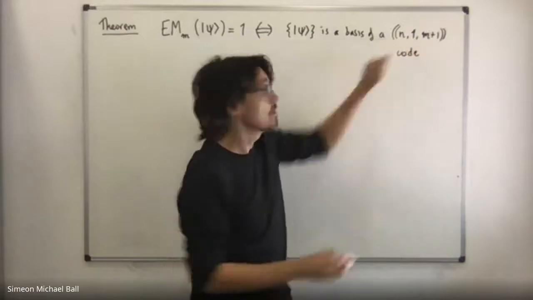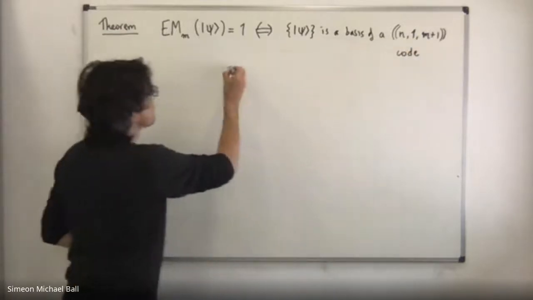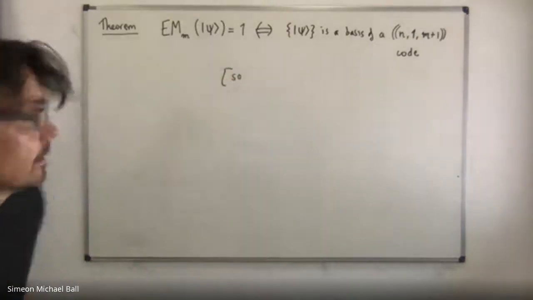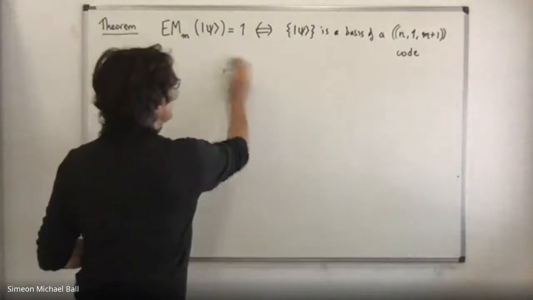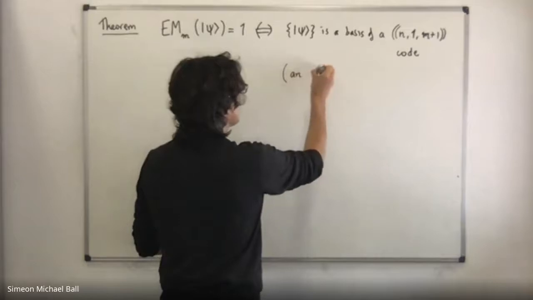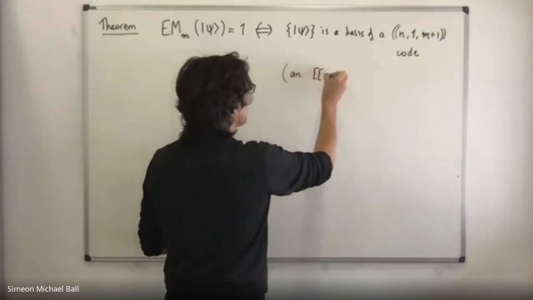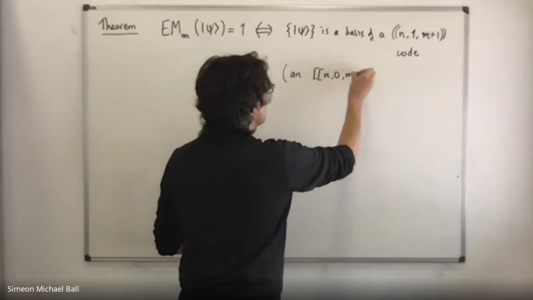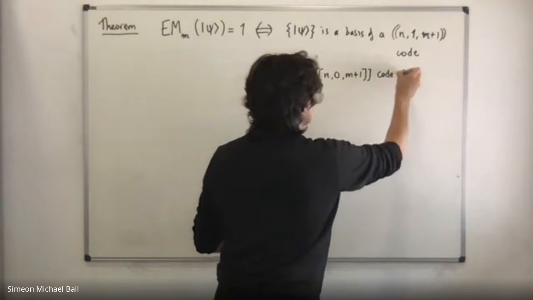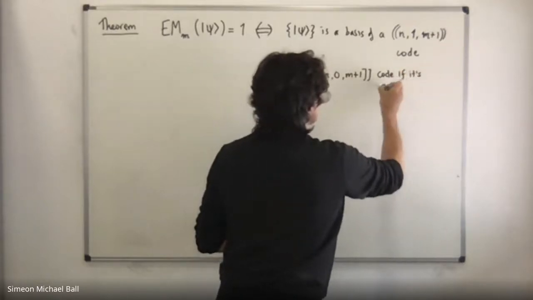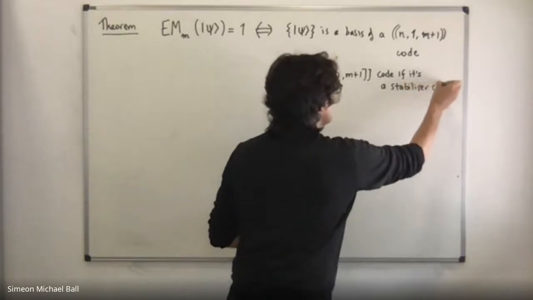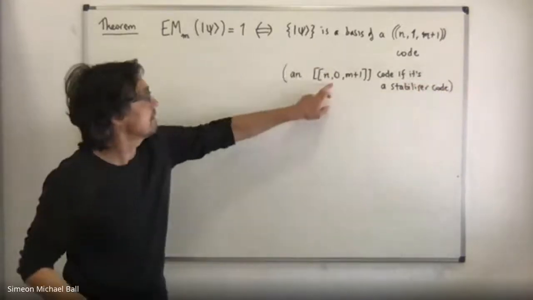I haven't used a stabilizer. So if it were a stabilizer code, then this would be a 0.